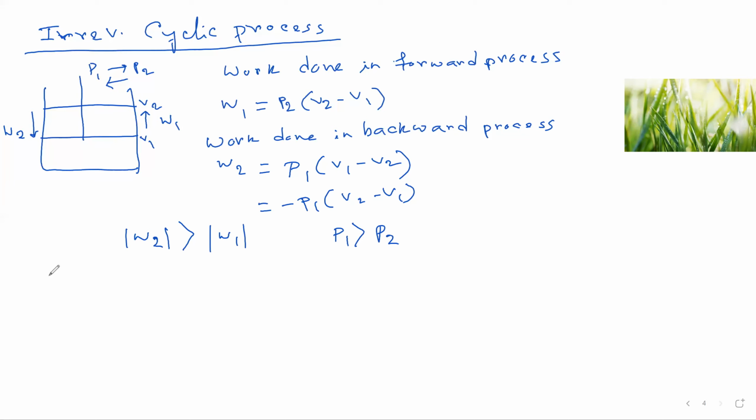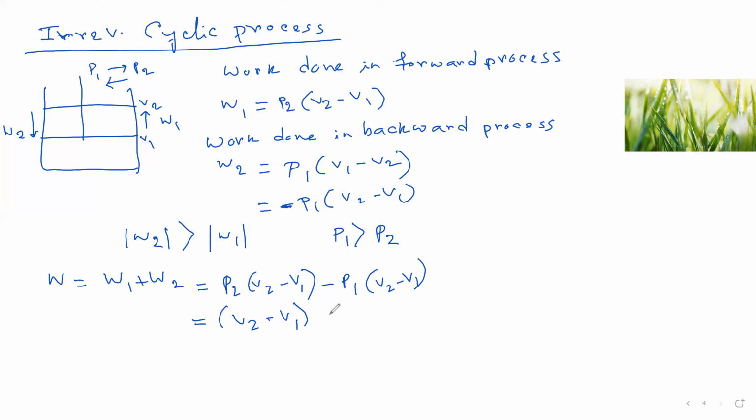So W is equal to W1 plus W2. So we can write P2 into V2 minus V1 plus W2, and I'm just writing the expression, minus P1 into V2 minus V1. So this will be P2 minus P1 into V2 minus V1. Okay.